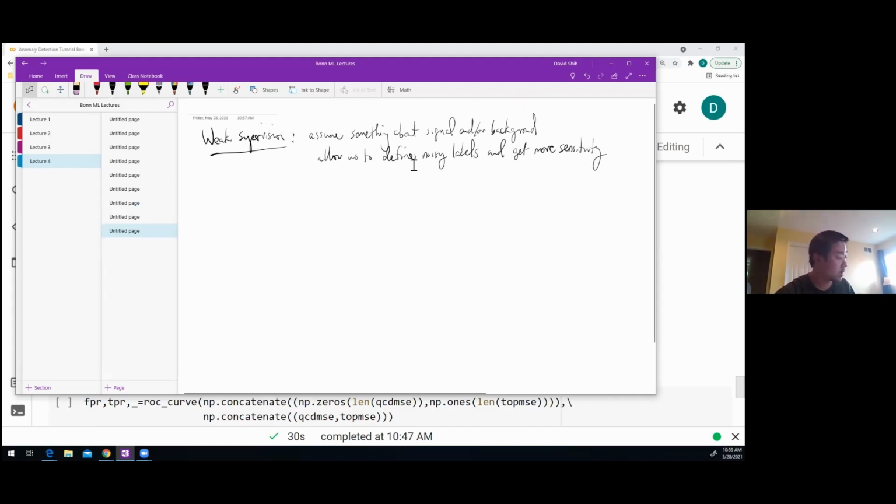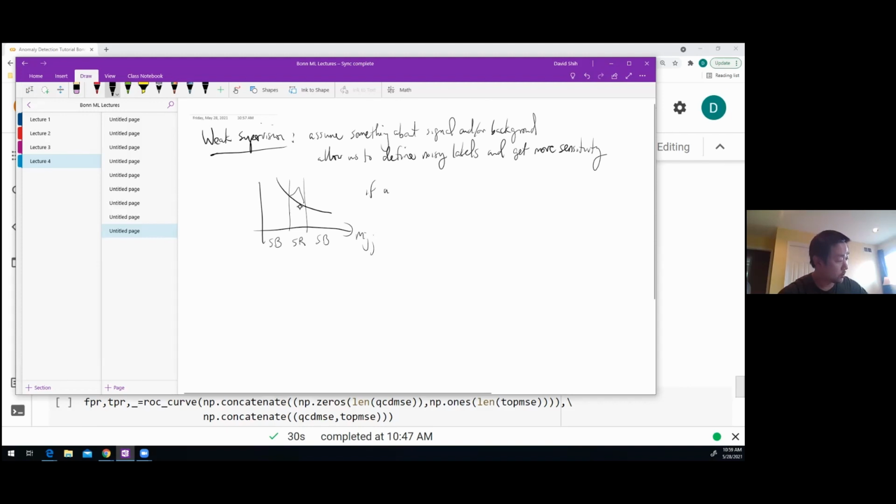Okay, so I'm being very vague, but let me give you an example. So the example is this bump hunt again. Suppose I have my MJJ and I want to do this bump hunt where the signal lives in some signal region. So this is the signal region and these are the sidebands, right?